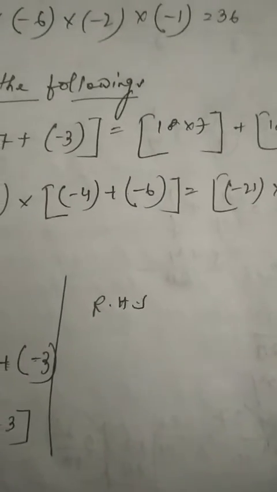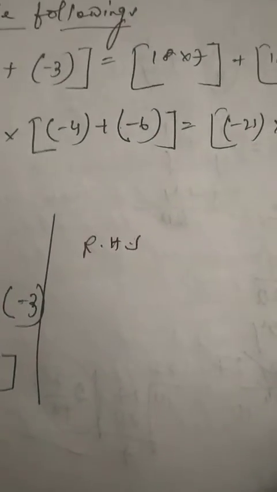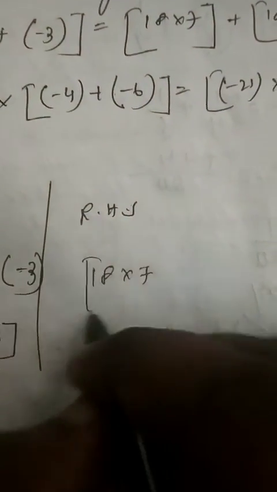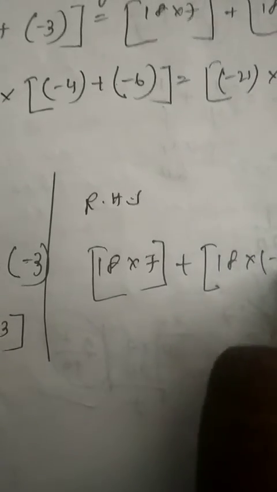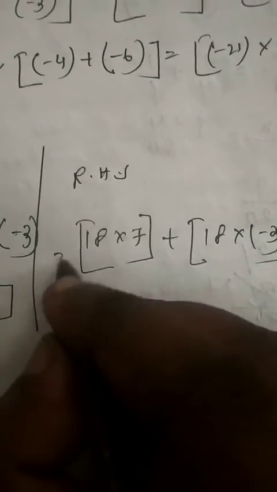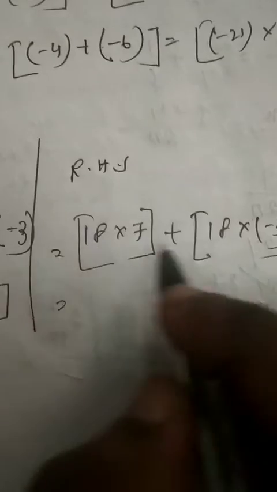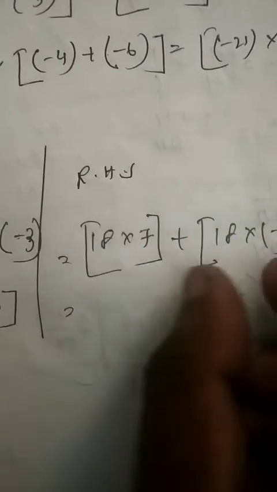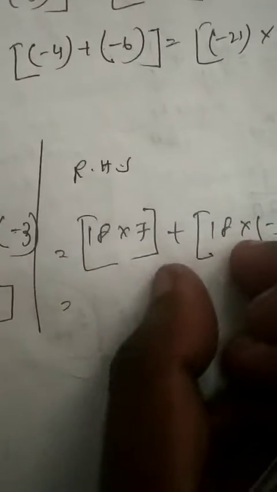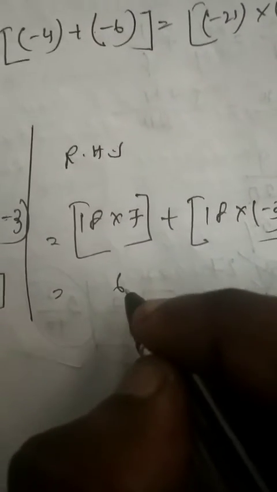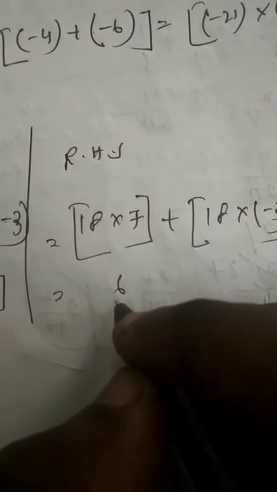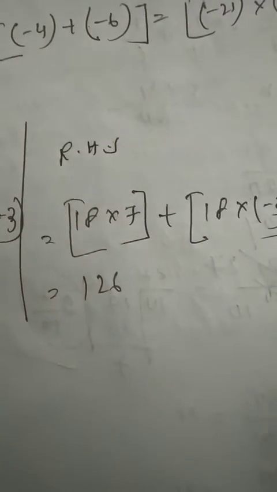And I'll check my right hand side now. The right hand side is 18 into 7 plus in bracket 18 into minus 3. We have to solve them separately as they are separated by a bracket. 7 18s are 126.